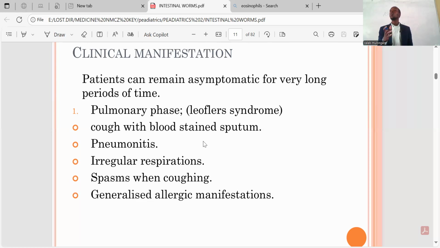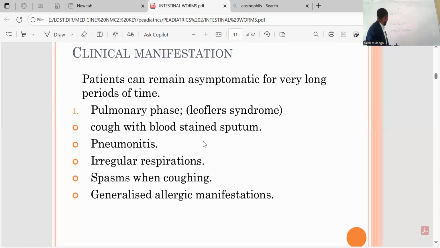But because of these worms present in the lungs, they will cause this person's breathing to be affected. Why? Because these worms are foreign and they are developing in someone's lungs. So because of that, they will result in irregular respirations.